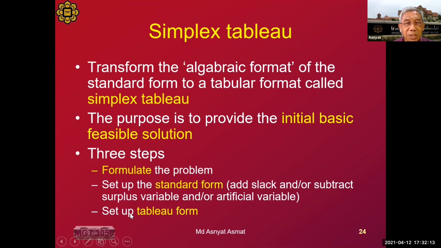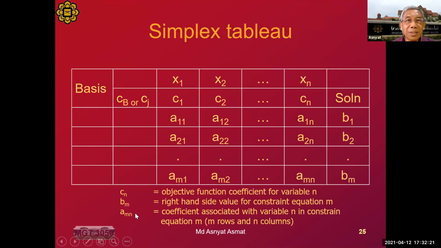Then set up the tableau form. I don't know how to pronounce this, tableau or tableau. Let's say tableau form. So this is the tableau form. Just a table. Looking at it, it looks like just a table. On the left-hand side, the first column, we refer to this as the basis column.